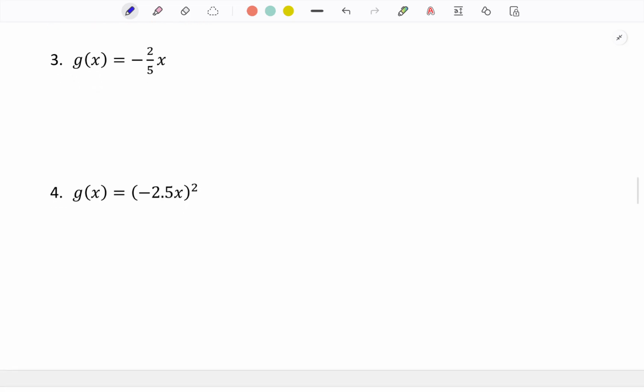Then with number 3, our parent function is just that x. So our parent function is f of x equals x because it's a linear equation.